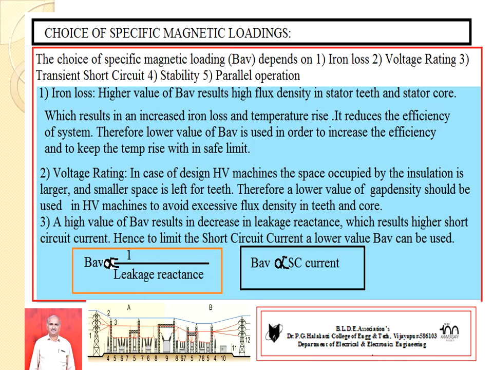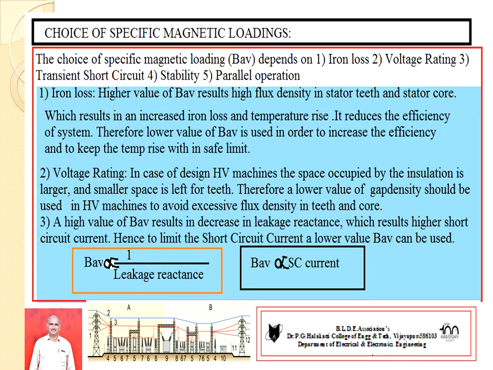In the design of high voltage machines, synchronous generators are mainly designed with high voltage rating, because these are useful in generating stations, where we usually use high rating machines.